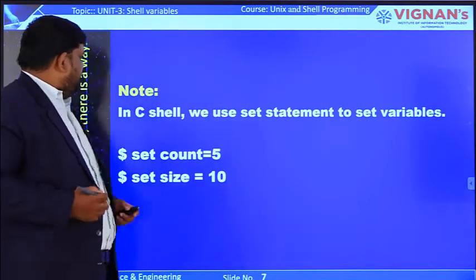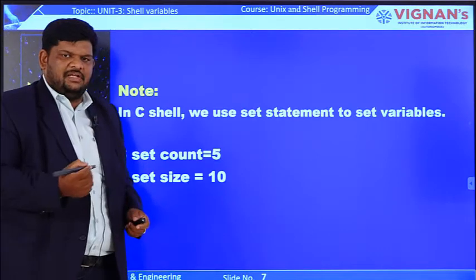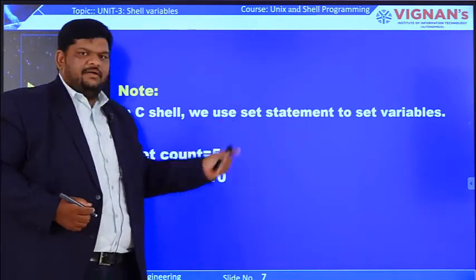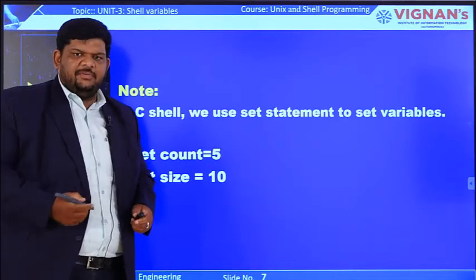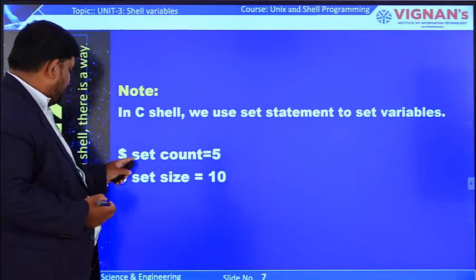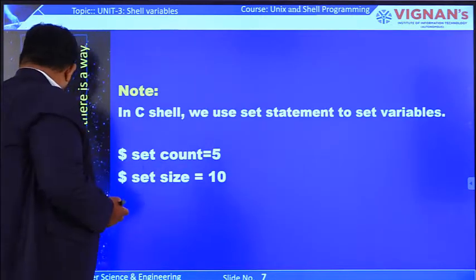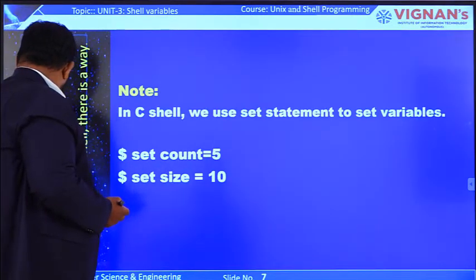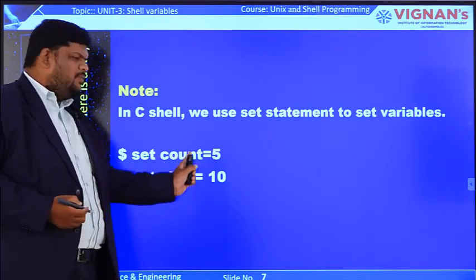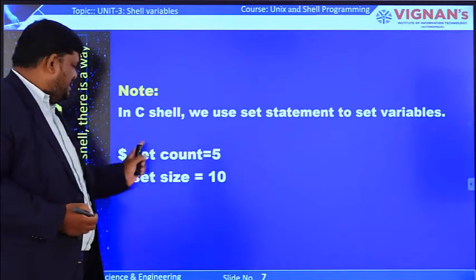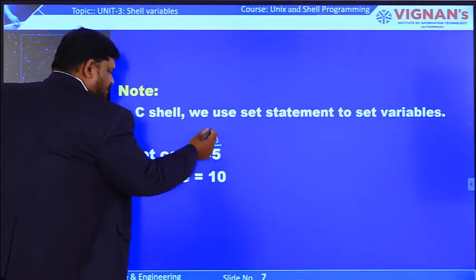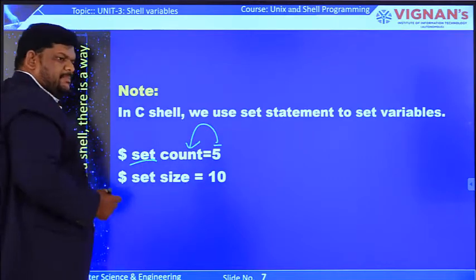Now let us see a small comparison between the Bourne shell and the C shell. In the C shell we use the set command to define the variable, whereas in the Bourne shell there is no need to write the set command. Here we write set count = 5. With the help of the set command, it sets the value 5 to the variable name count.